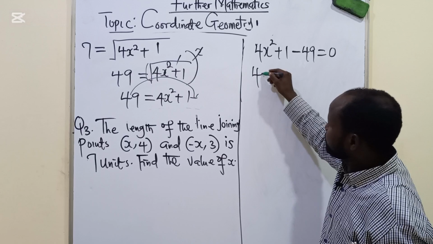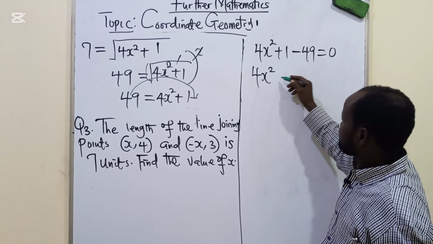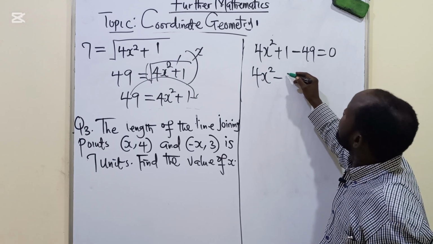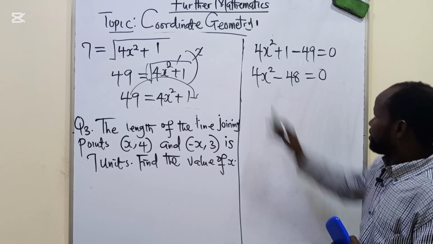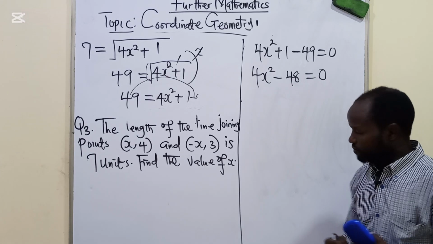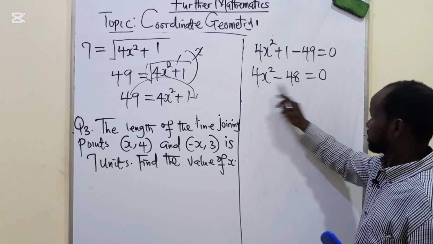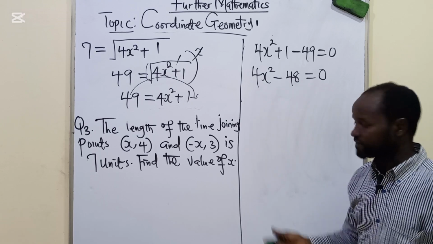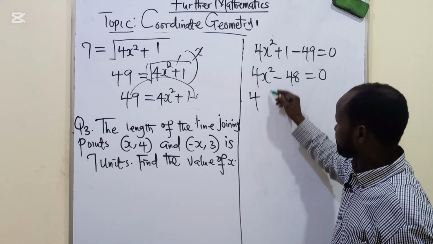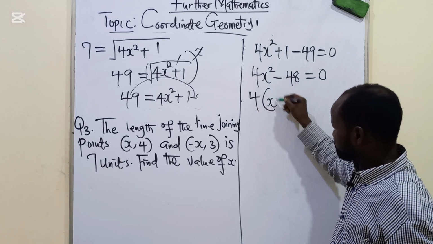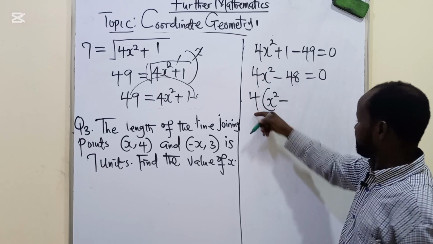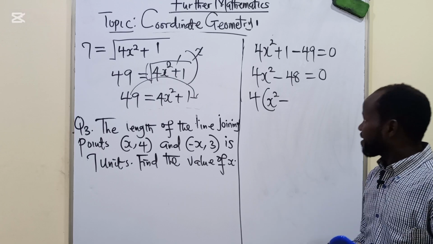This will be 4x squared plus 1 minus 49, of course, will be minus 48 equals 0. What is common between these is 4, because 48 can be divided by 4 and 4 can divide itself. So we factor out 4, and 4x squared divided by 4 leaves x squared, minus 48 divided by 4.